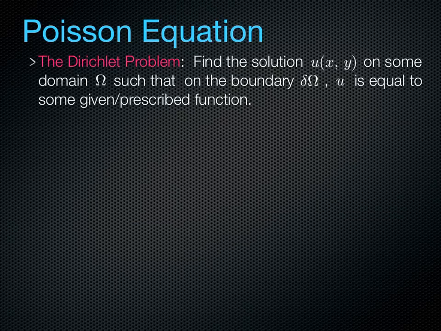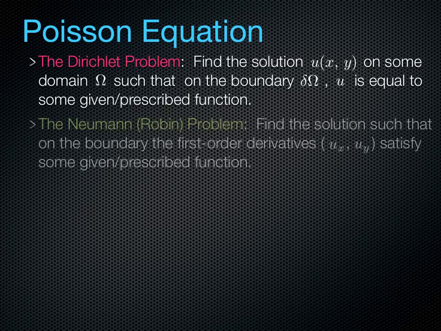Depending on the type of boundary conditions we prescribe, we use different naming conventions that get attached to the Poisson equation. For example, we have the Dirichlet problem, in which the governing equation in the previous page is valid, but on top of that, we are required to find the field variable on some domain omega, such that on the boundary del omega, the field variable u is equal to some given or prescribed function.